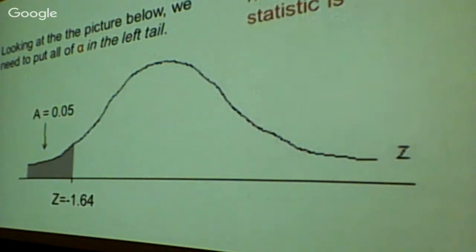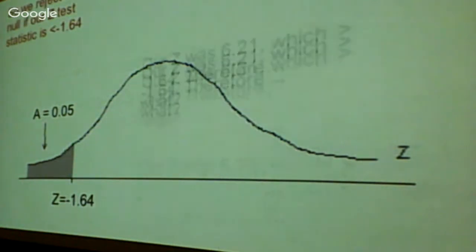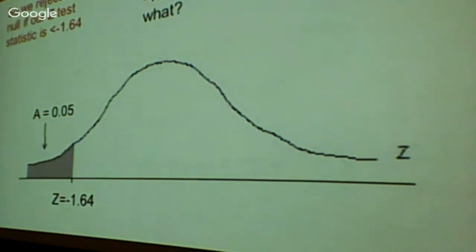Well, we reject our null if our z-test is less than negative 1.64. Our z is 6.21. Is that less than negative 1.64? No, it's more than that. It's over here. I'll say that again carefully.